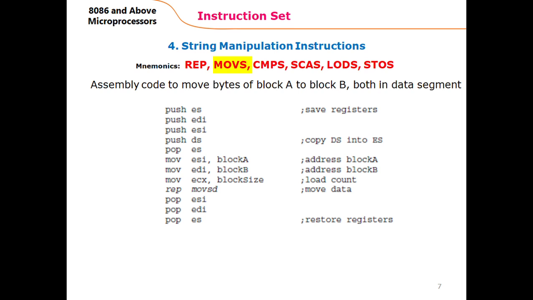So suppose block A and block B are two blocks, and they are basically variables that represent the starting addresses of the two blocks, and both of these blocks are defined in the data segment. So the MOVS instruction normally by default would transfer data from the data segment to the extra segment, but here the destination is not in the extra segment, it is also in the data segment. Block B is in the data segment.